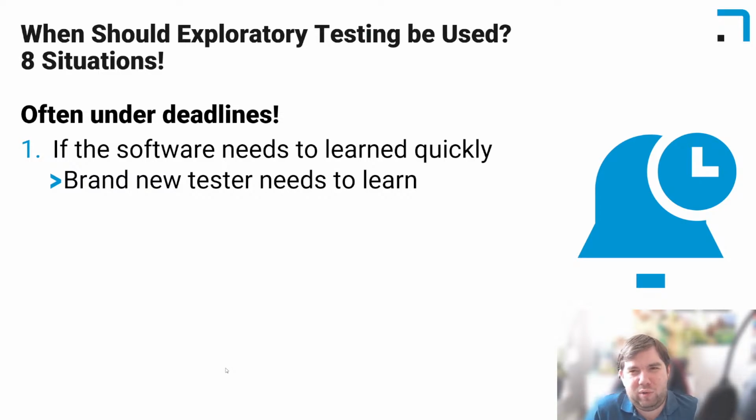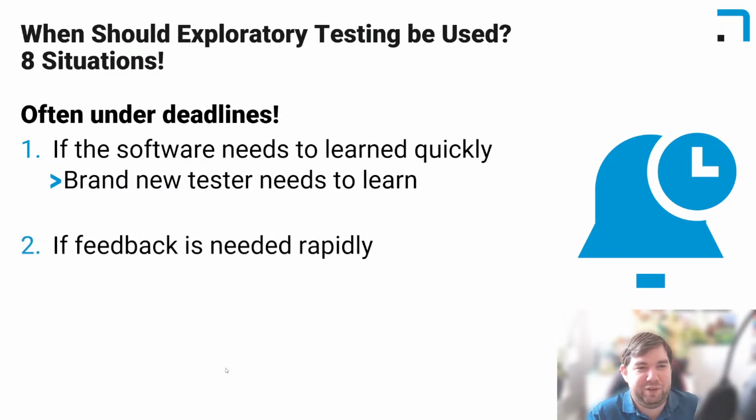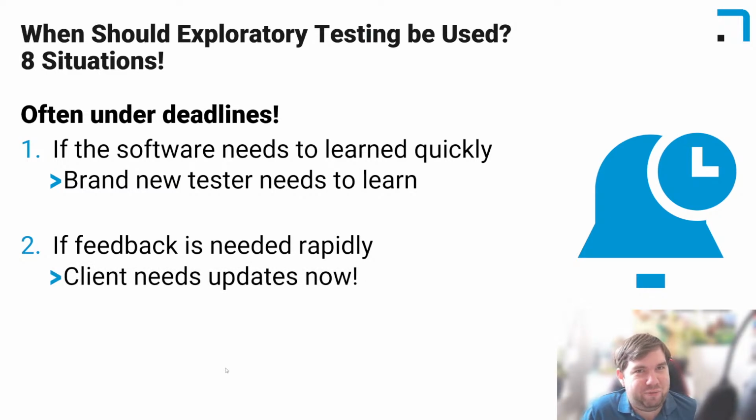What about our second situation? Well, what if we need feedback rapidly? What if we're in a project, we haven't started our formal testing for this new sprint or this new area, and the client needs updates now on how things are progressing. And by now, I mean they need them in the next hour or two.